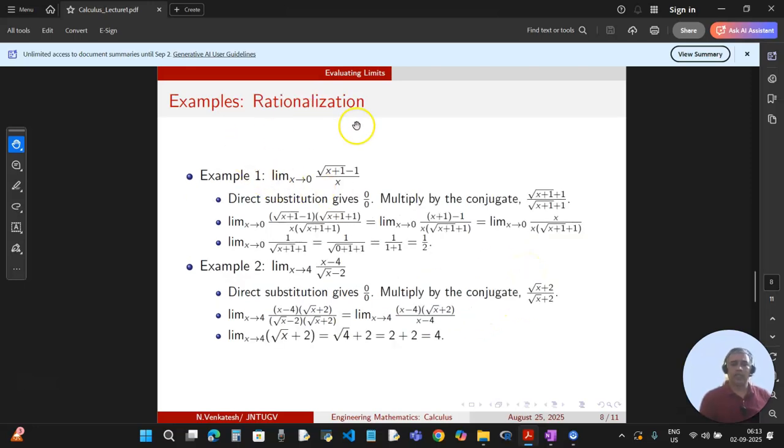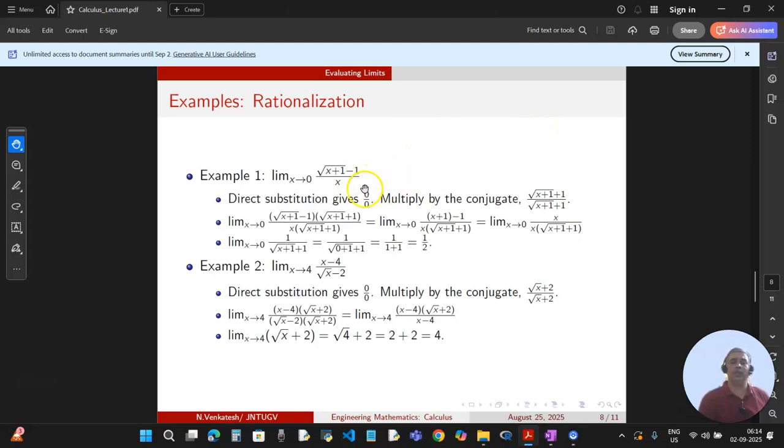And similarly, rationalization. When you have square roots of this form, limit x tends to 0, (square root of x plus 1 minus 1) by x. If you substitute 0, then square root of 1 is 1, so 1 minus 1 is 0, 0 by 0. Whenever you get this indeterminate form 0 by 0, for square root of x plus 1 minus 1, the conjugate form is square root of x plus 1 plus 1.